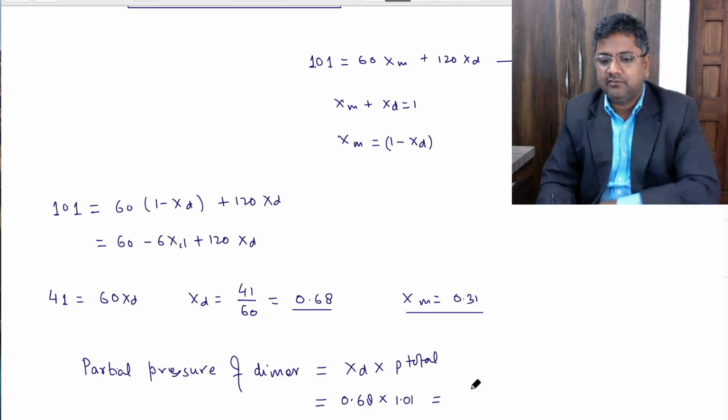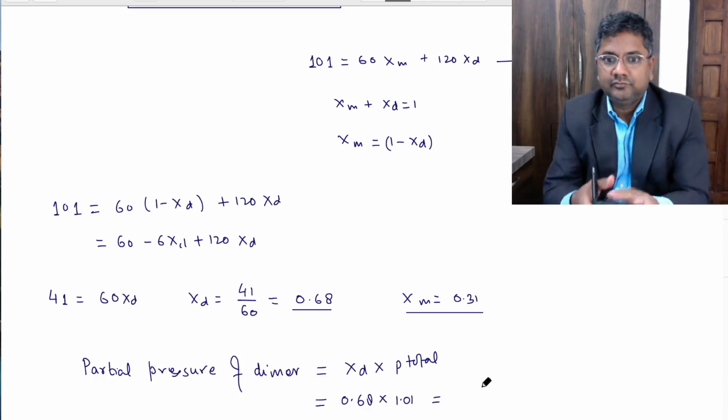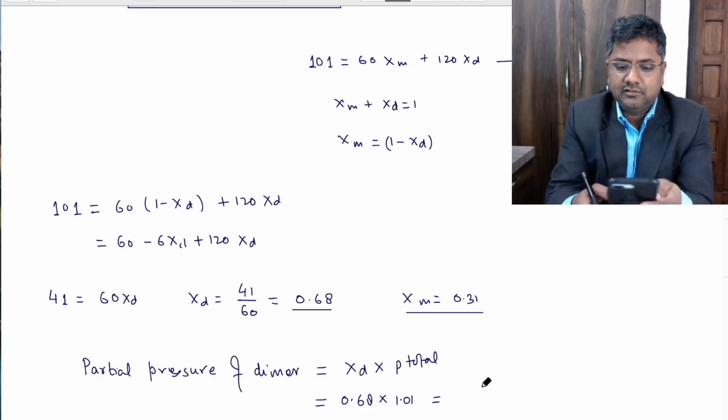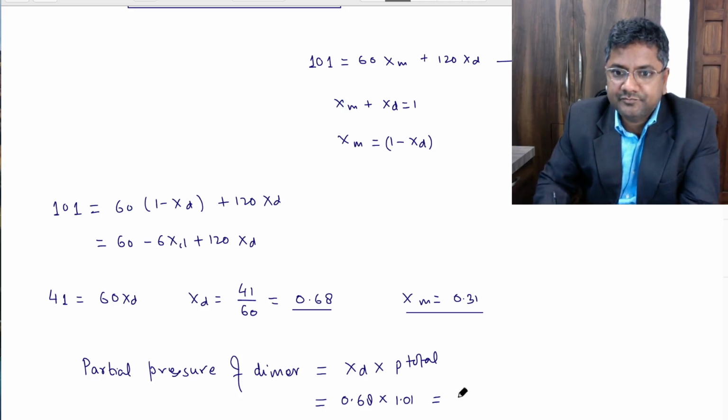So this is 0.68 multiplied by 1.01, which is 0.686 bar.